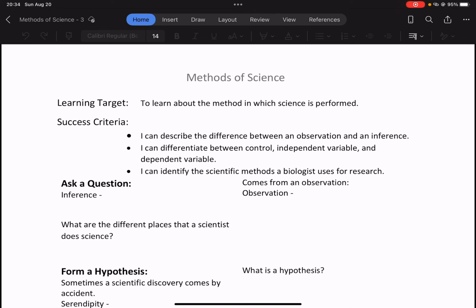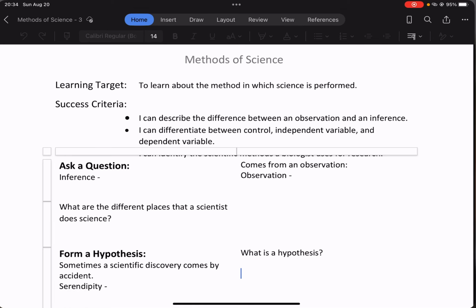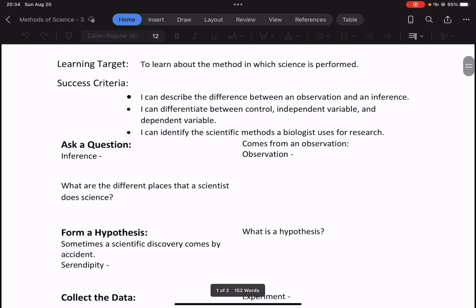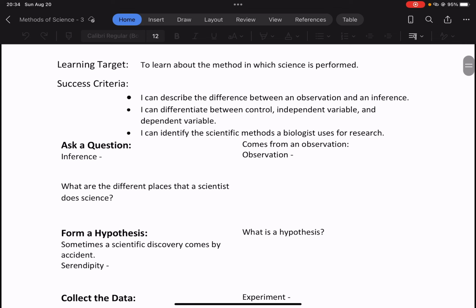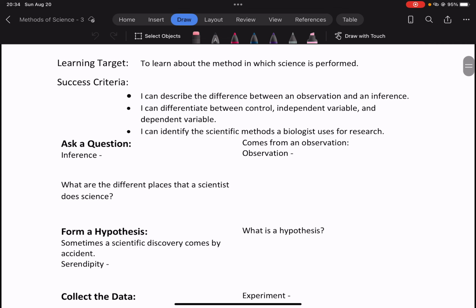So it all begins with asking a question. And all questions that science asks come from an observation. An observation is basically what I see.